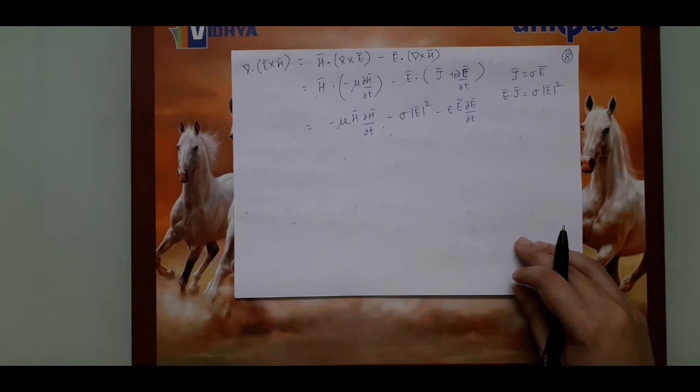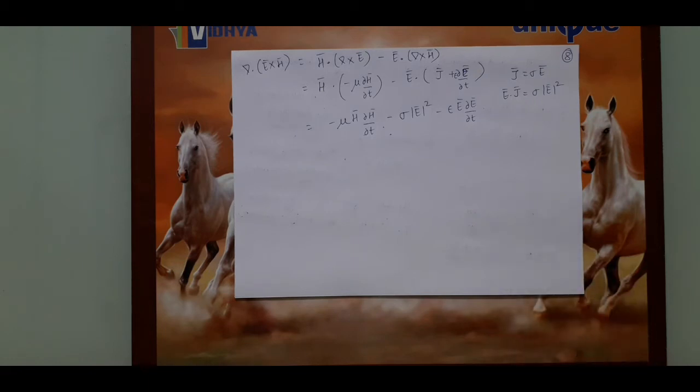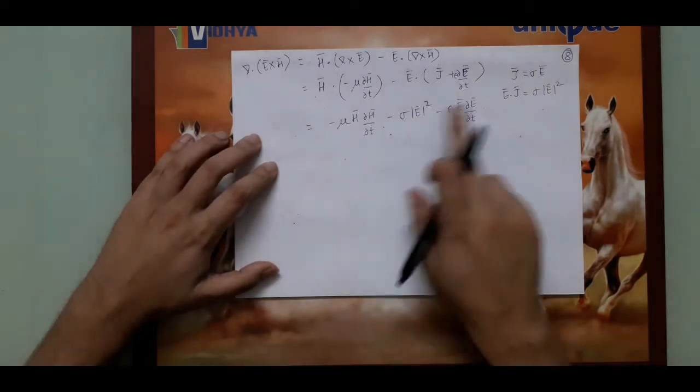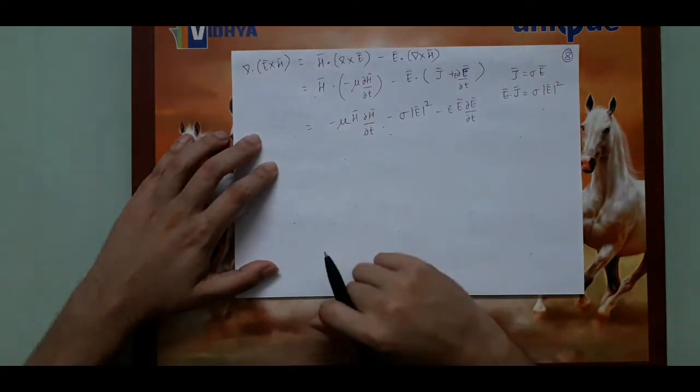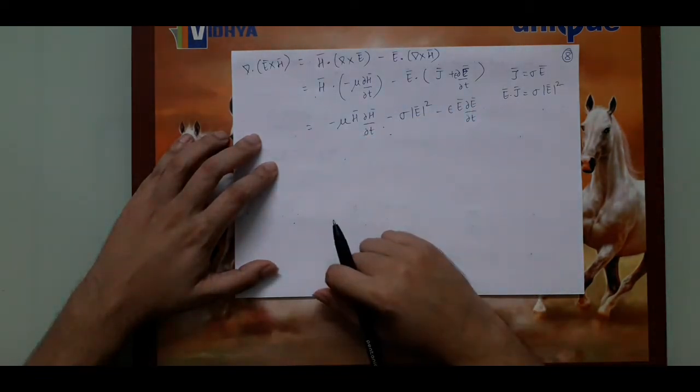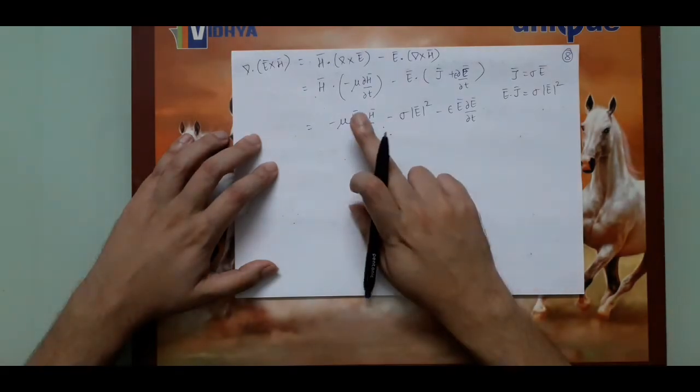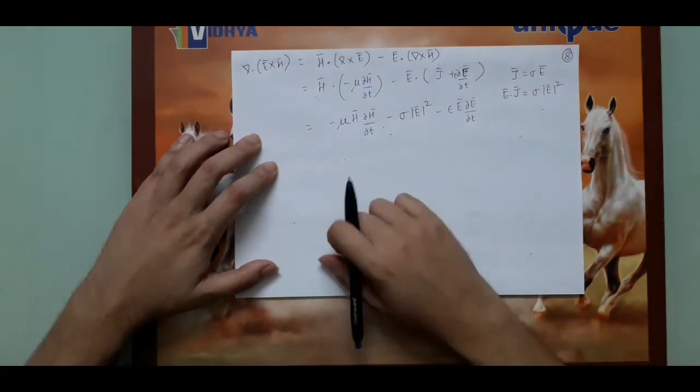So now let us look at the first and the third term. We are having the product of a vector with its time derivative.